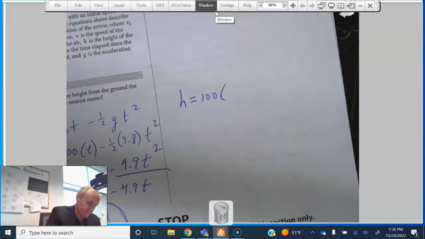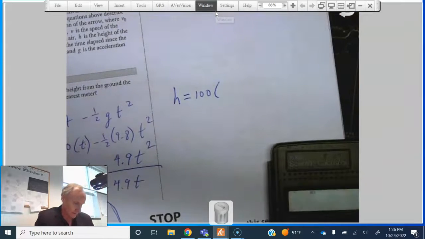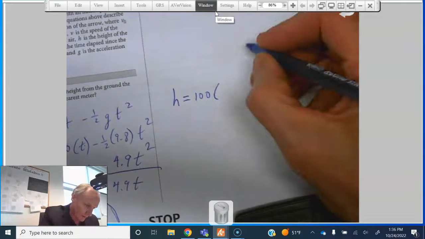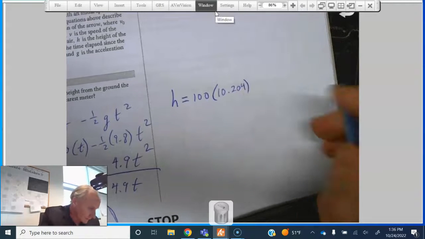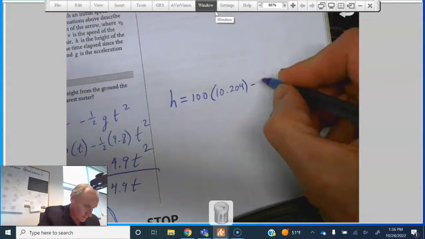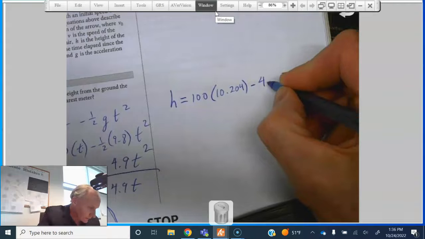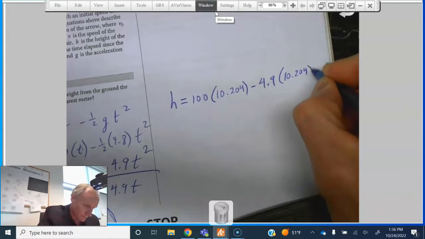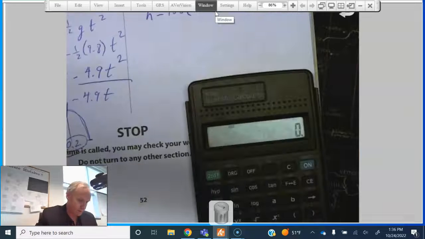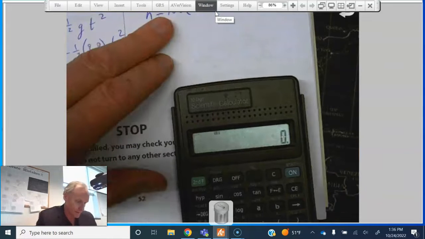I'm going to go a little further than that, though. I'm going to use 10.204, and then minus 1/2 g, which is 4.9, times 10.204 squared.